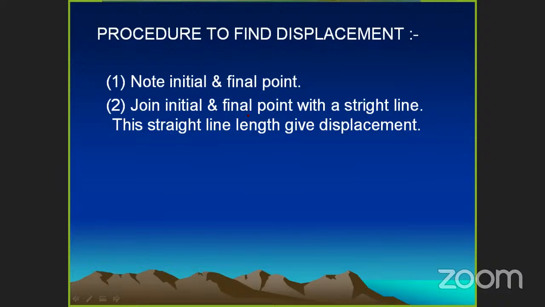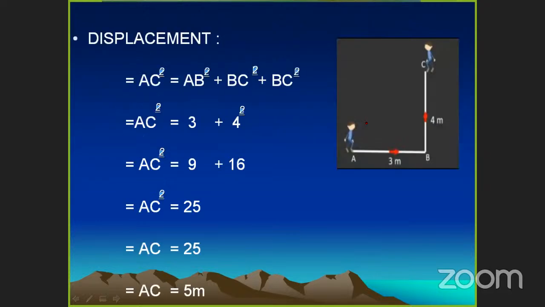Okay, now see children, first find the initial and final point. The initial point is A and the final point is C. Then you can join the initial and final point.